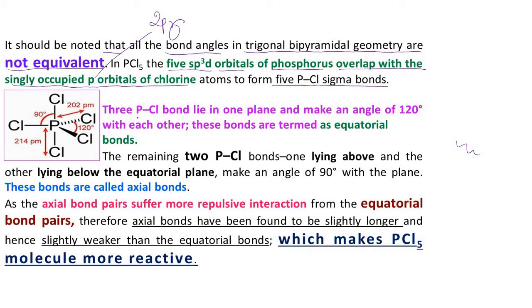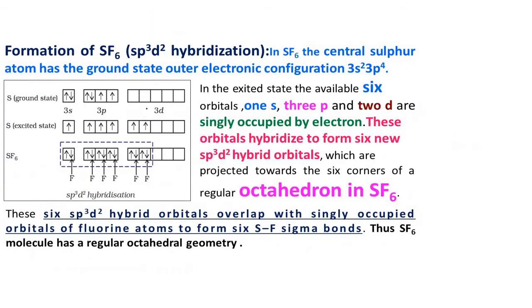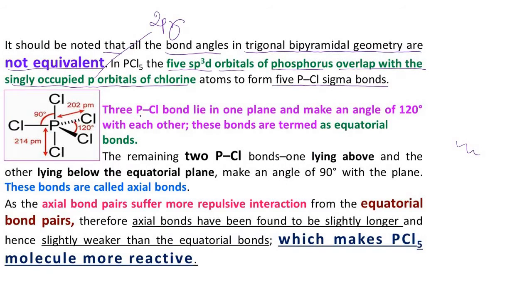Now the 3 phosphorus-chlorine bonds lie in one plane, which is that plane. So this is the plane here, you can see, and they lie in one plane, making an angle of 120 with each other. So this is the angle which is called 120 between the chlorine atoms which are present in one plane. So these bonds are termed as equatorial bonds.